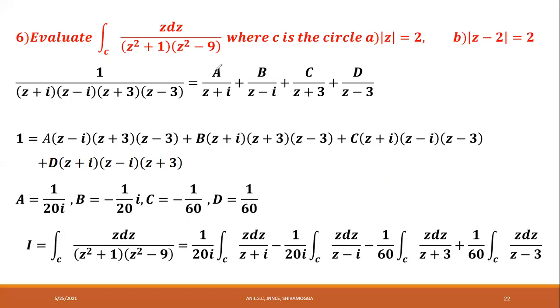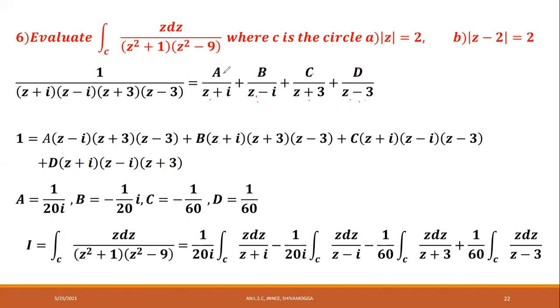Therefore, consider fractions of the type a divided by z plus I plus b divided by z minus I plus c divided by z plus 3 plus d divided by z minus 3. Here, you take z plus I, z minus I, z plus 3, z minus 3 as the LCM factor and simplify.